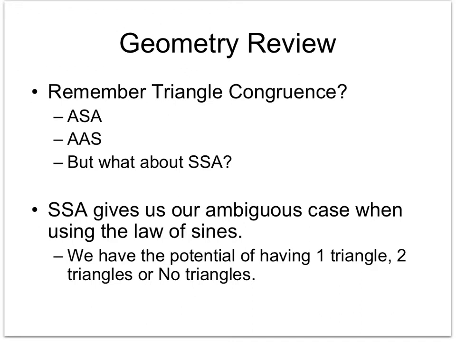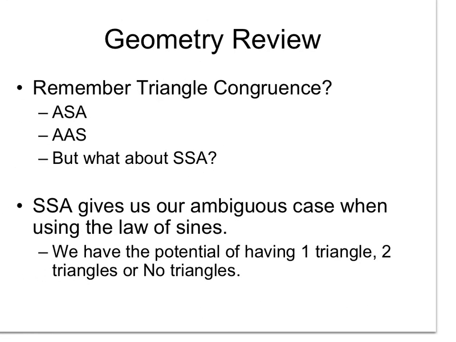Now, this one you can't use to prove triangles are congruent. So when we have law of sines, this situation, when we're given a side and an angle, this is what's going to generate our ambiguous case. And this is where we know we're going to have the potential of having one, two, or no triangles.